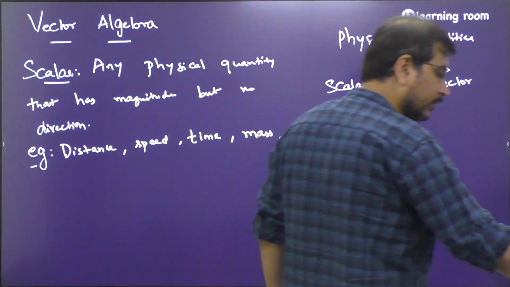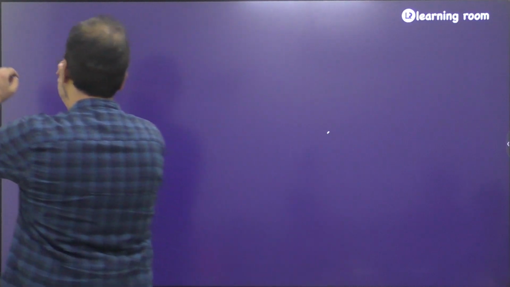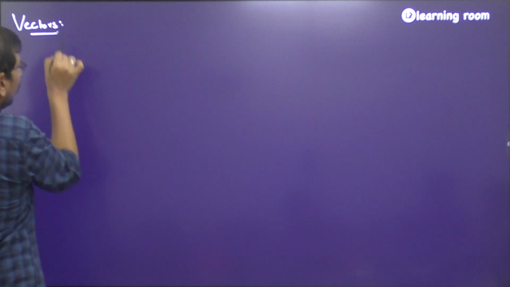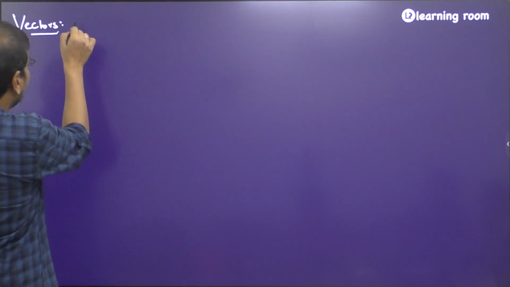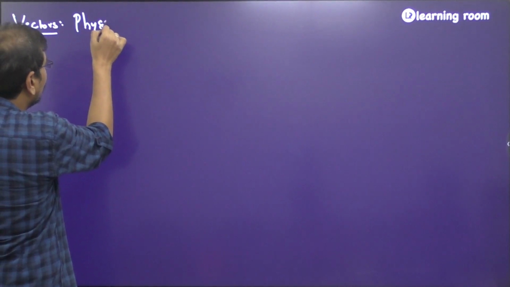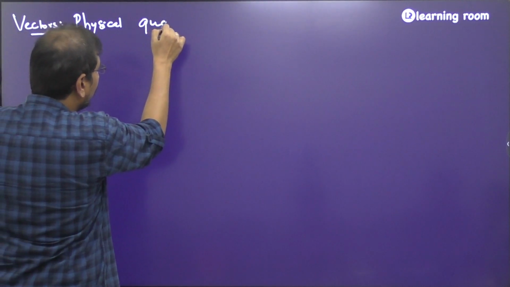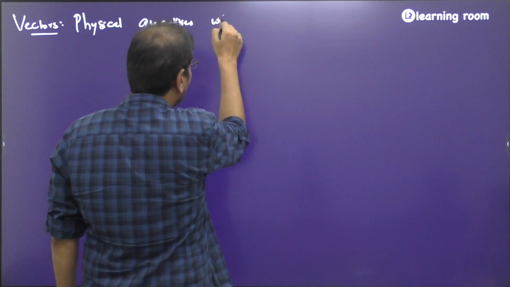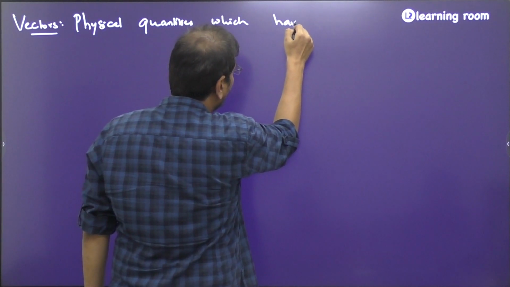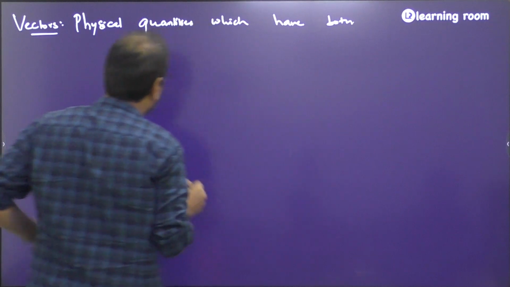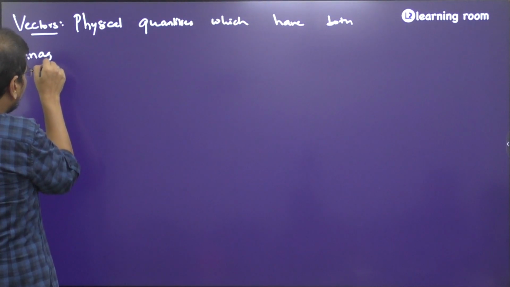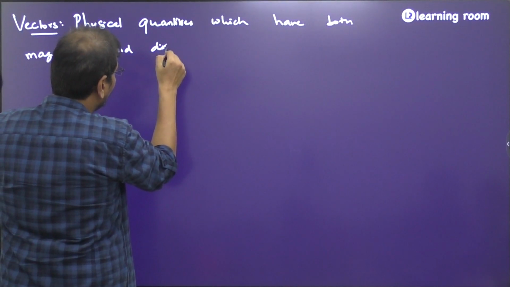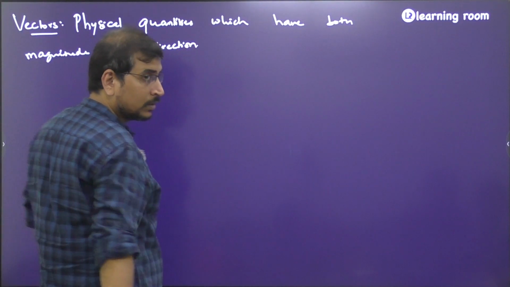Now, the next question is about its counterpart, which is called a vector quantity. So, let's understand what vectors are. They are also physical quantities which have both magnitude and direction, right?